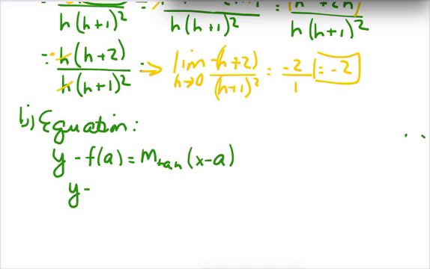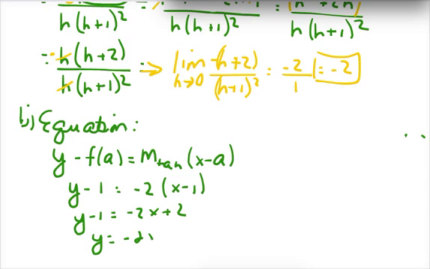So this is y minus 1 equals minus 2 times x minus 1. Y minus 1 equals minus 2x plus 2. Y is equal to negative 2x plus 3. And that's your equation of the tangent line.